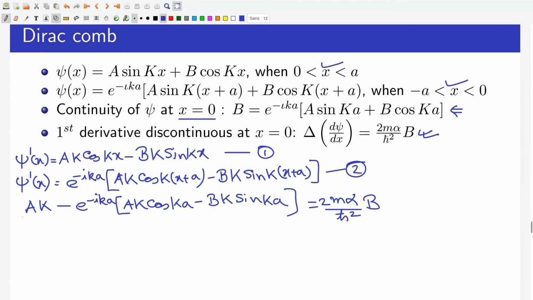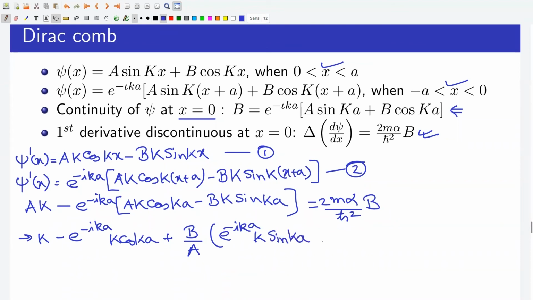Now if we divide it by a, then we can rewrite the equation as k minus e power minus i k a times capital K cos K plus b by a times e power minus i k a times k sine K minus 2m alpha by h cross square equals 0.